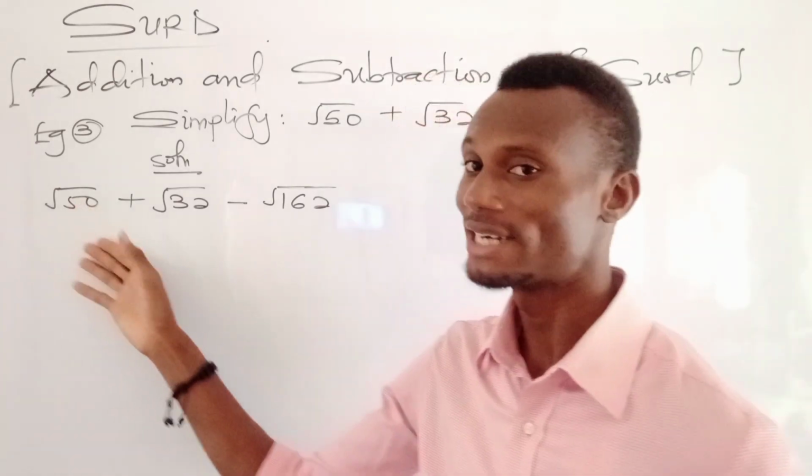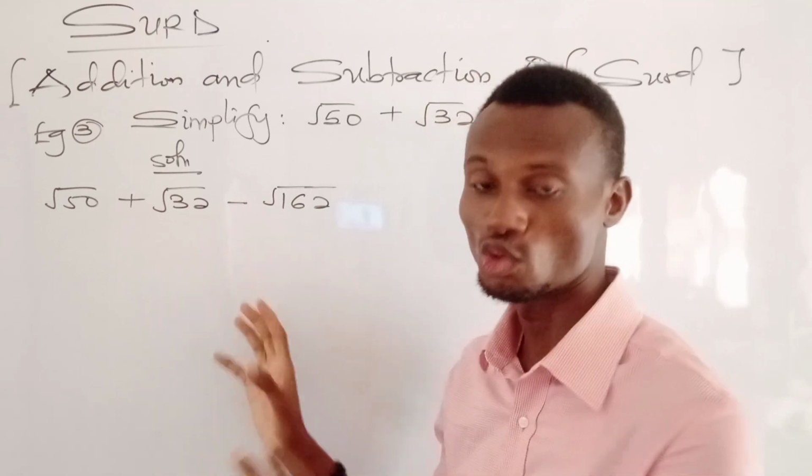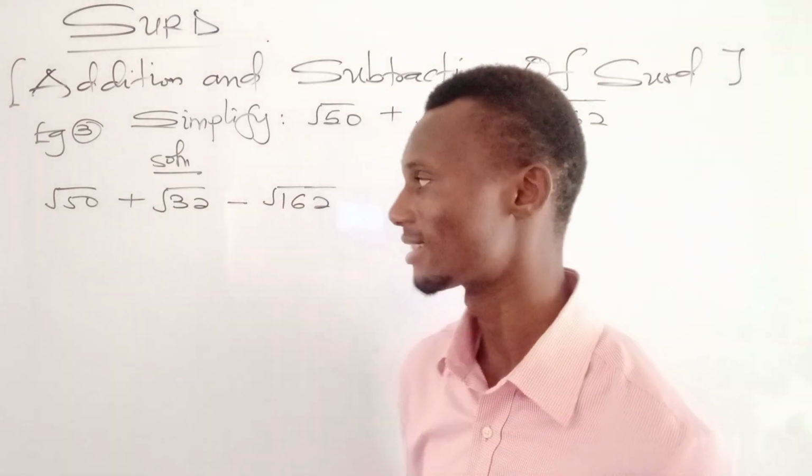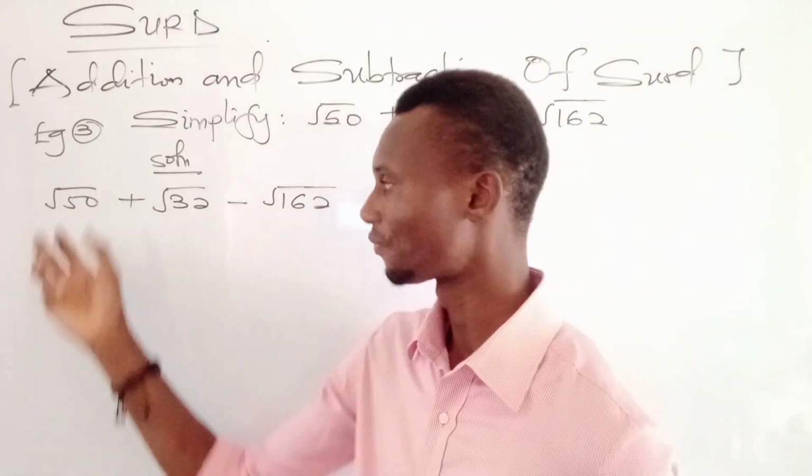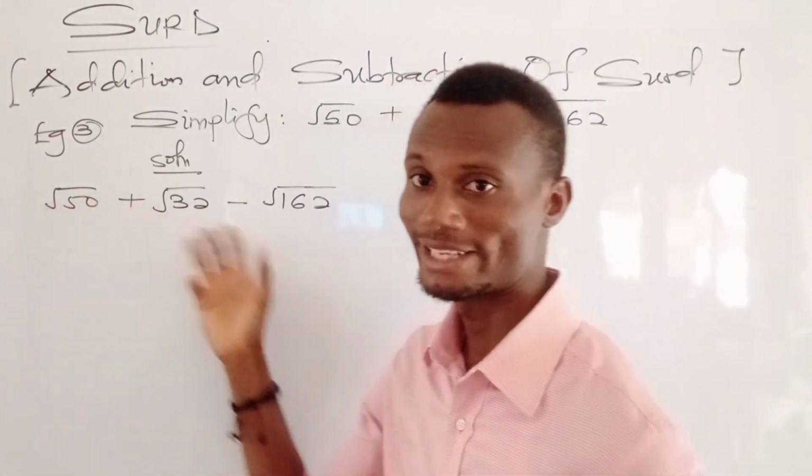Looking at the question we have here, there aren't any like terms for us to add or subtract. So what you have to do is think of simplifying each of the terms given.